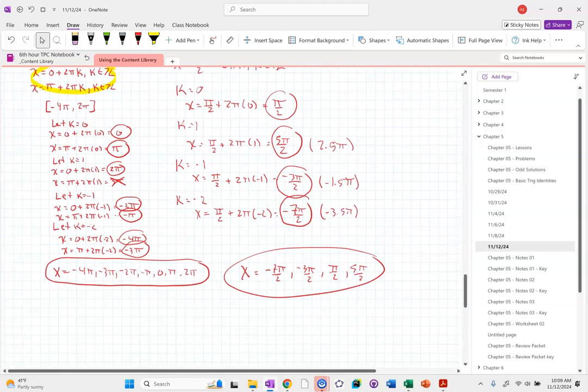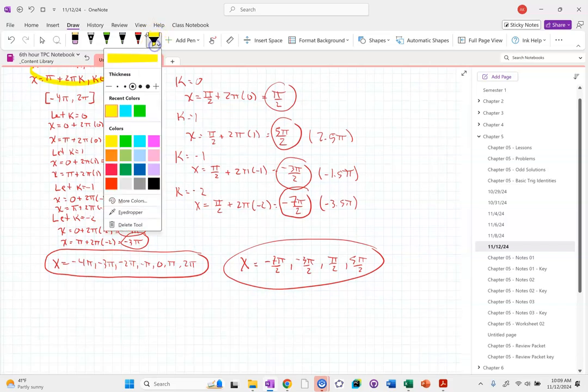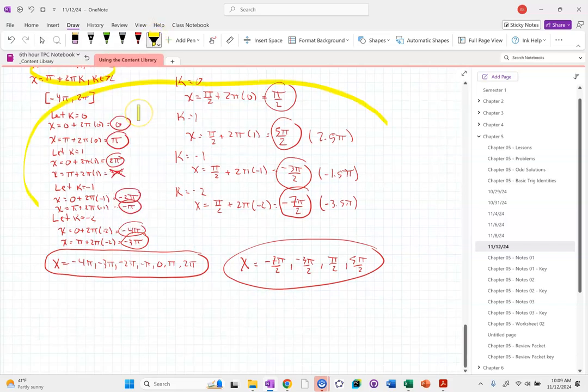So again, I did a lot of writing here when I'm checking my k's. You do not have to show all that work, right? If you write out the general solution and then you just write out the values that are going to spit out of it appropriately, that is okay. Now, the first couple of times through, it's probably worth writing it out so you get the feel for what's going on for yourself.